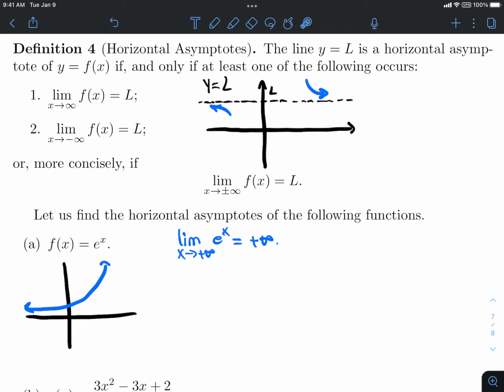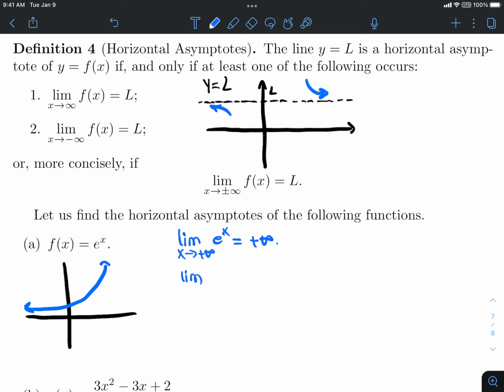Just think about it. The bigger the power, you're multiplying e by itself over and over again. E is a number that's bigger than 2, so e times e times e times e is getting bigger and bigger, so the result will be plus infinity. So there's no horizontal asymptote on that side, which kind of makes sense because we know the graph.